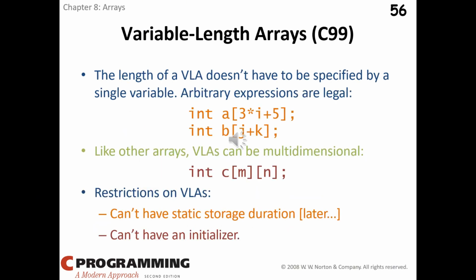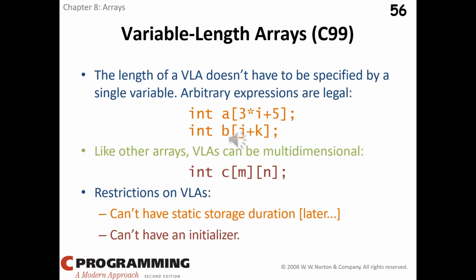So in C99, the length of a VLA doesn't have to be decided by just one number. You can use all sorts of fancy math to figure out how big your array should be. It's like when you're building a shelf, and instead of just saying, I want it to be 3 shelves high, you can say, let's make it 3 times the number of things I have plus 5 shelves high.